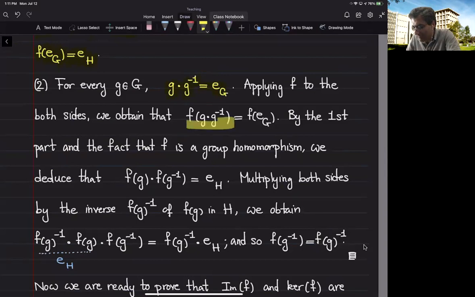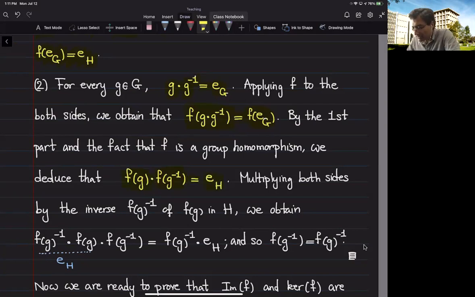I deduce that F of g times g inverse is F of the neutral element of G. But remember, in part 1 we showed F of the neutral element of G is equal to the neutral element of H. And because F is a group homomorphism, this is F of g times F of g inverse. So altogether we get that F of g times F of g inverse is equal to the neutral element of H.